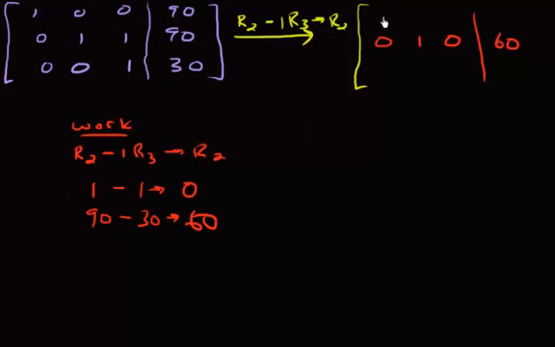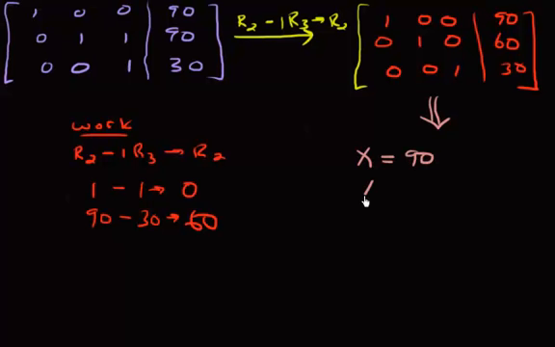And I'm not doing anything to row 1, so that's going to stay 1, 0, 0, 90. And I'm not doing anything to my last row. And I am completely row reduced now. I have my diagonal of 1s, zeros everywhere else. So let's read off our answer. We have x equals 90, y equals 60, and z equals 30.